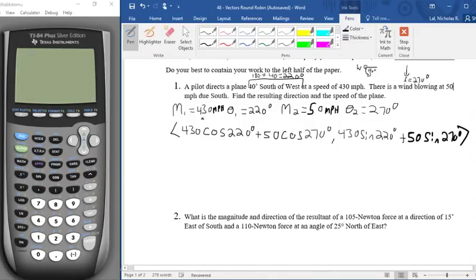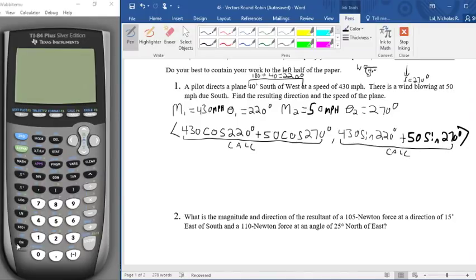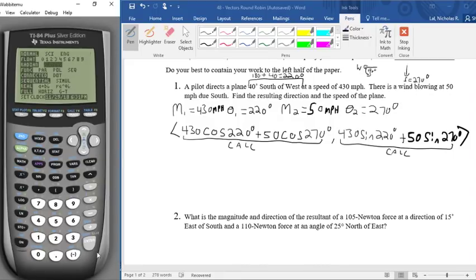So we get our calculator, and we're going to evaluate each of these terms. Turn on the calculator, go to degree mode, and plug it in: 430 times the cosine of 220 plus 50 times the cosine of 270.